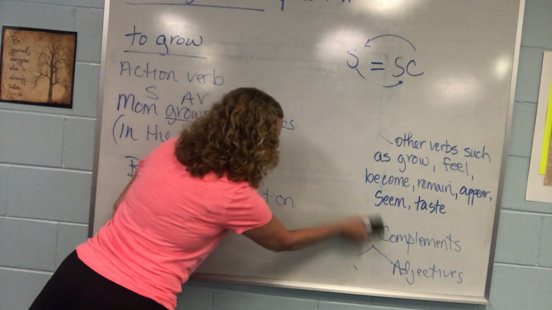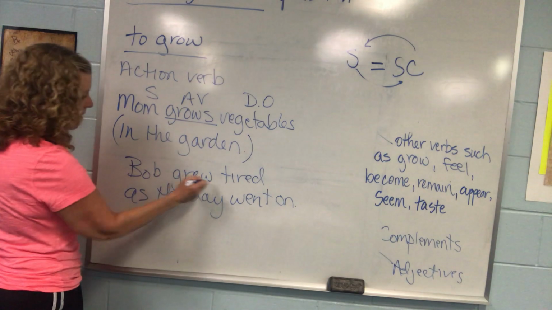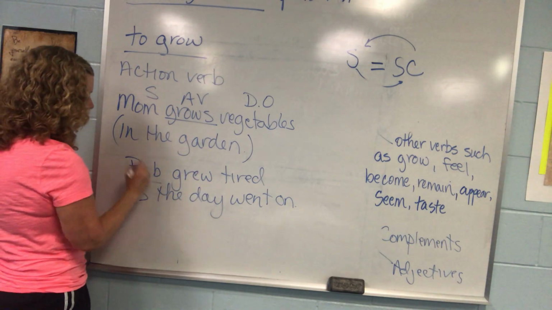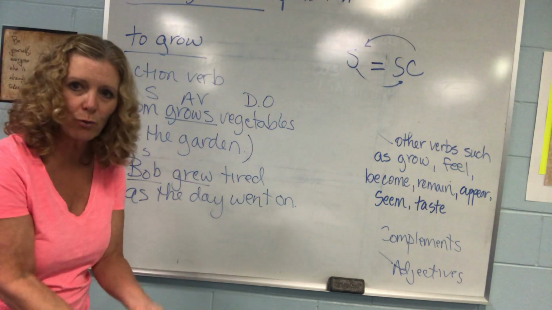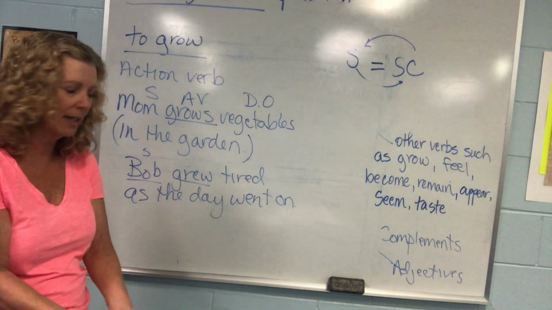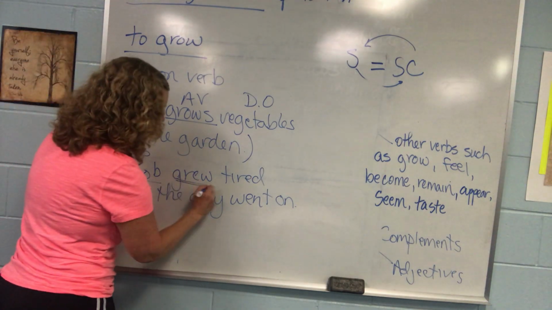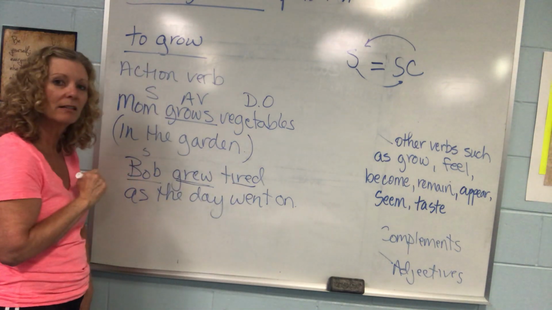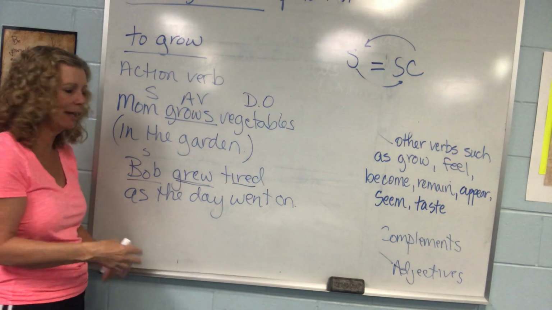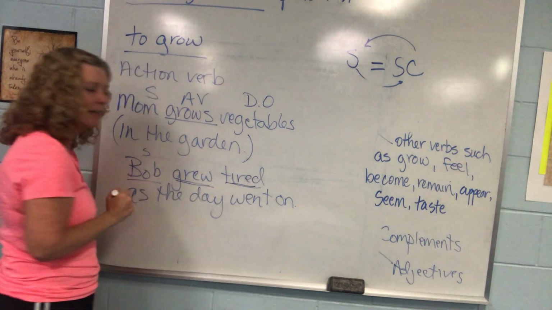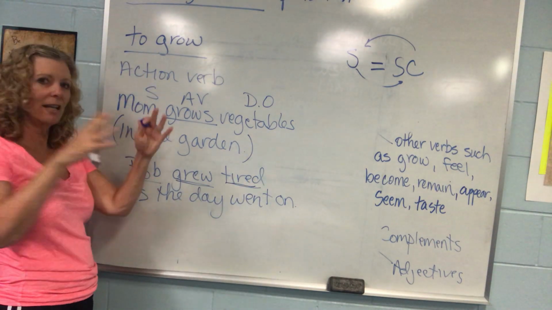But if you just look at the sentence where it says, Bob grew tired, Bob is the subject, and grew now doesn't mean to actually grow something, like the action of growing it. It means the state of being tired, like the verb to be, state of being, tired, grew. Okay, it got expanded.